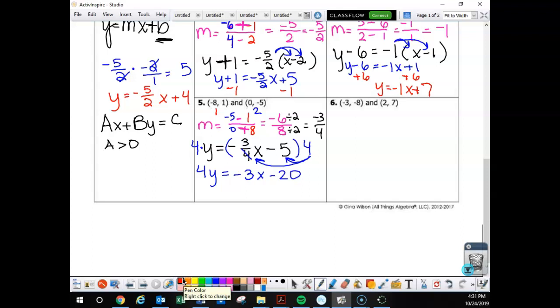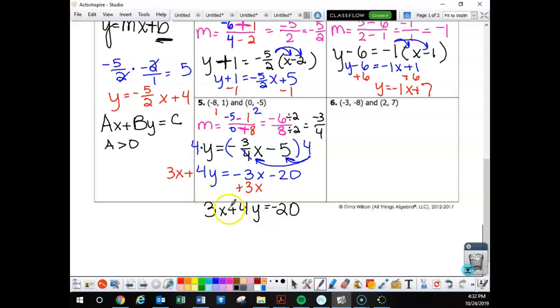All right. And then since I want the coefficient of x to be positive, and here it's negative, I'm going to add 3x to the other side. And now it is positive. So this in standard form would be 3x plus 4y equals negative 20. These are supposed to be both whole numbers, and this first number should be positive.